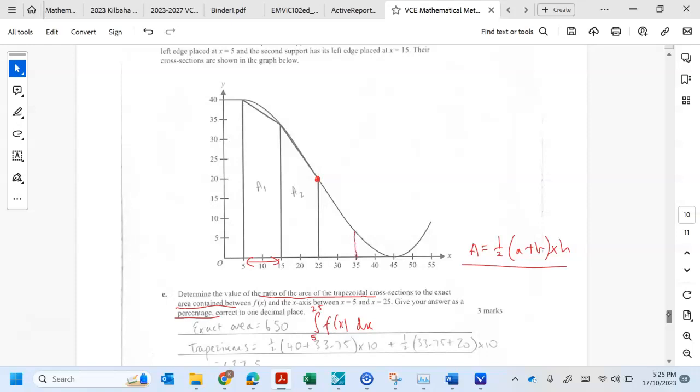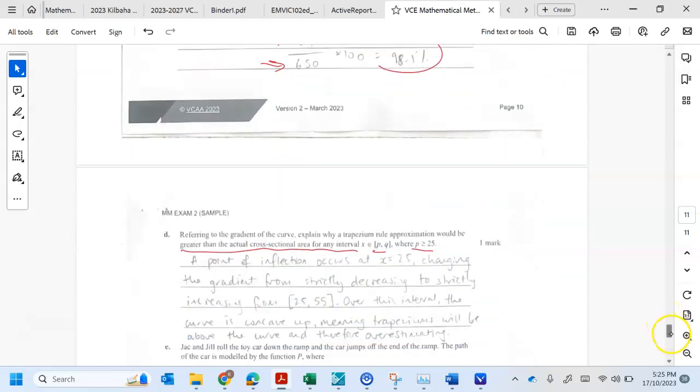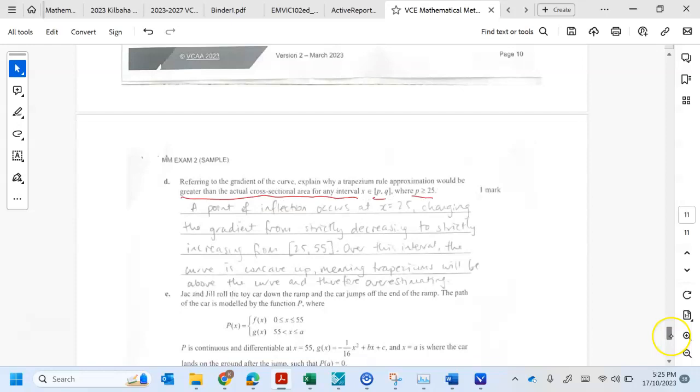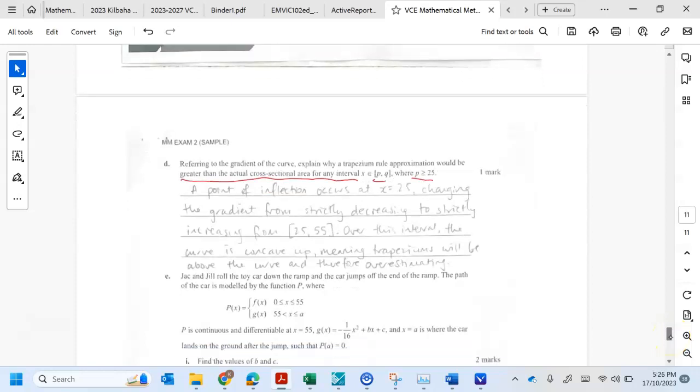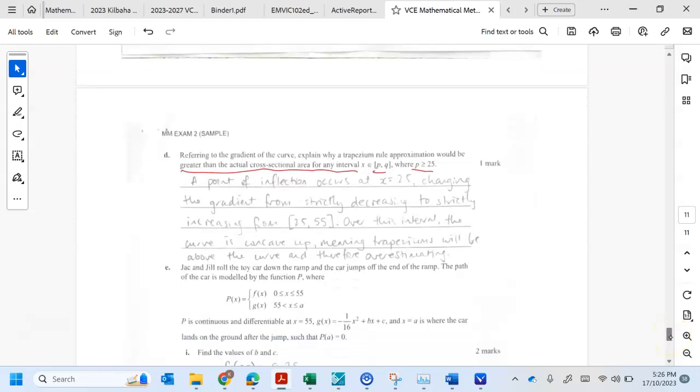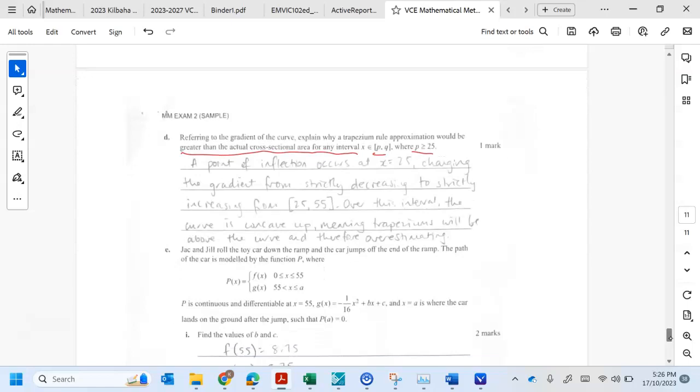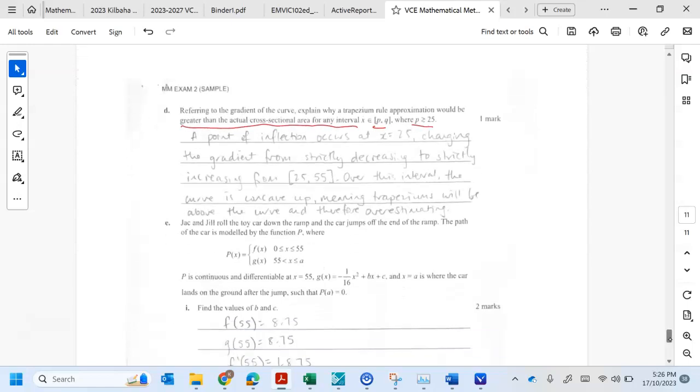So if I drew that, it's going to be slightly above like that. So my answer is basically to talk about it being strictly increasing and concave up.